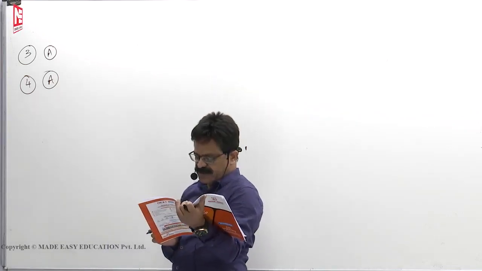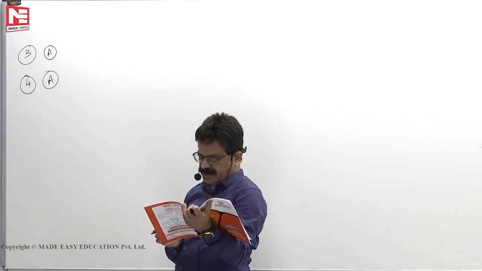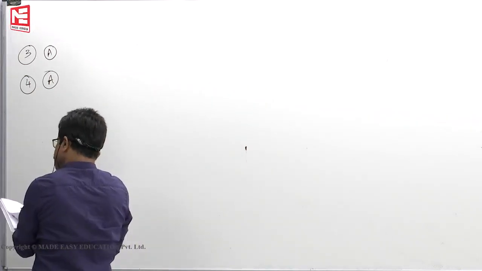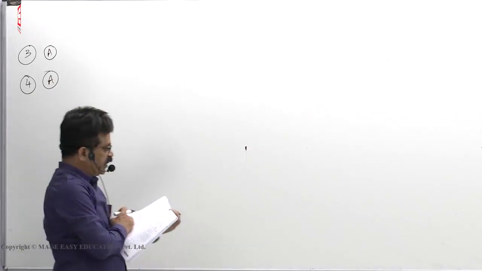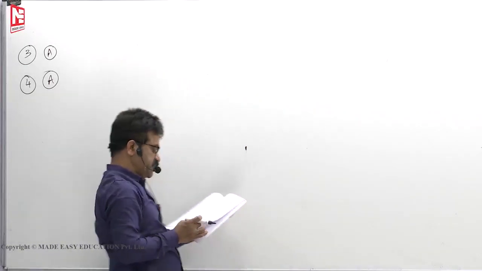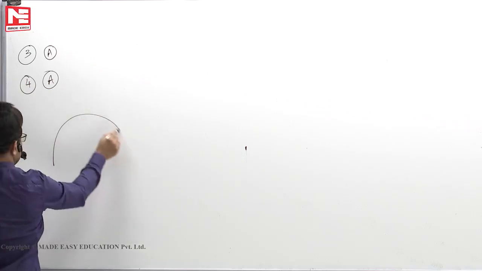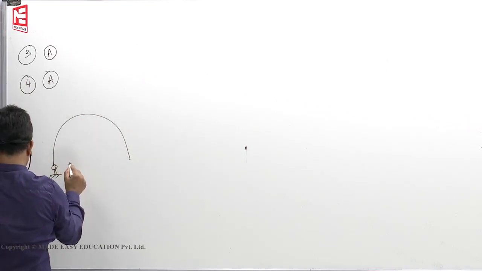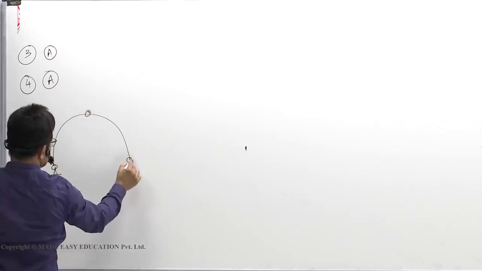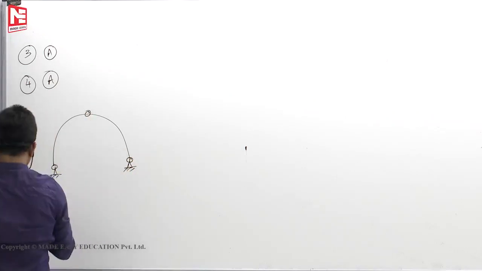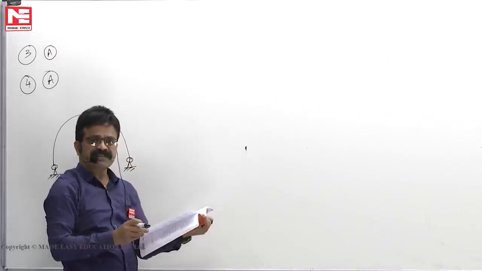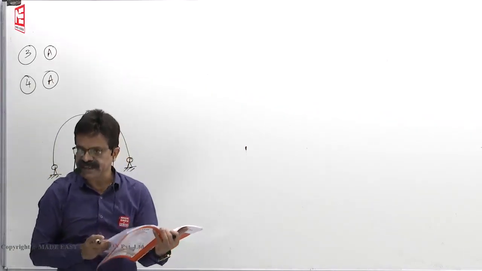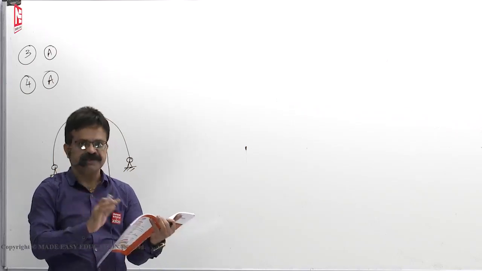Next, 3 semicircular symmetrical 3 hinged arches have radii 5, 7.5, 10 meters respectively. And this is what? 3 semicircular arches. If you have a semicircular arch, symmetrically 3 hinged arches, in the horizontal thrust you will get W by pi. So independent of the radius, horizontal thrust is same.